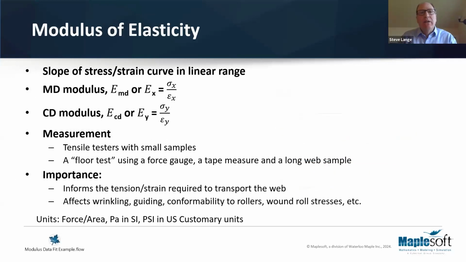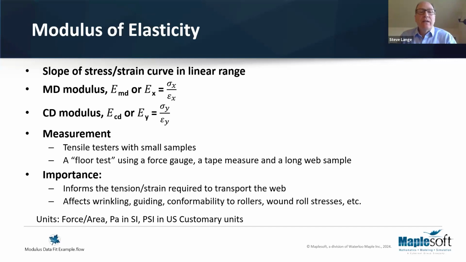And the last material property related to tensioning is the modulus of elasticity, which is basically the slope of the stress strain curve. You can measure this modulus in the machine direction or the cross machine direction.